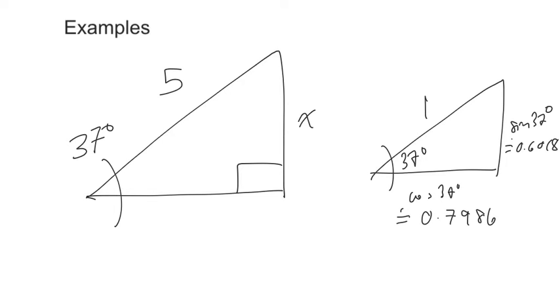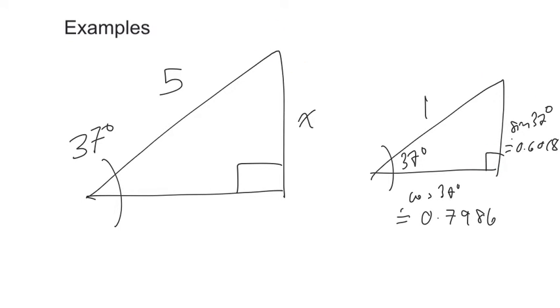Well, here's the thing. You can see that on my reference triangle, my hypotenuse is 1, right? We always make it 1. This triangle has a hypotenuse of 5. Although it might not be obvious, these triangles are similar because they have an angle that's the same, and another angle that's the same, so clearly the third angle has to be the same.